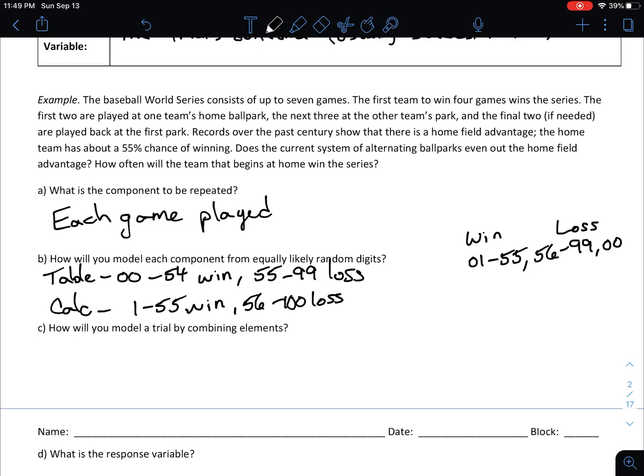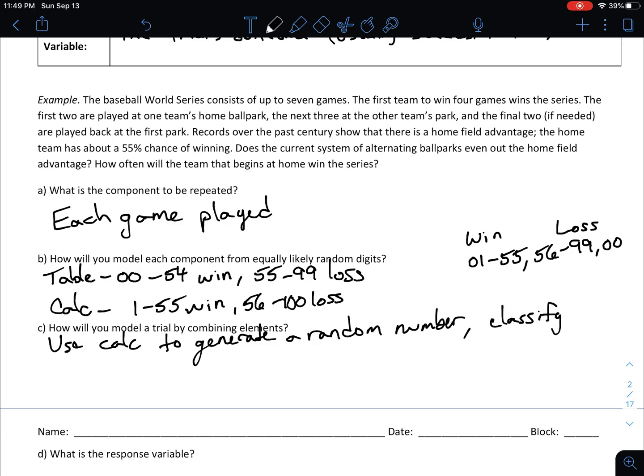Okay, so for C, how will you model a trial by combining elements? Let's talk about just using a calculator. We're going to use a calculator to generate a random number. We're going to classify that as a win or a loss.